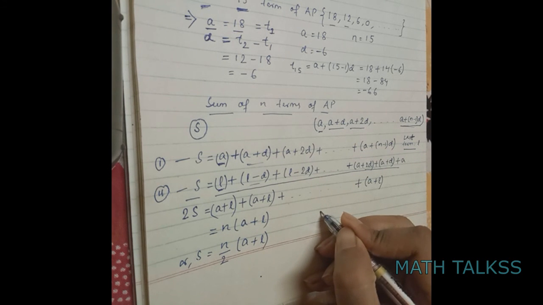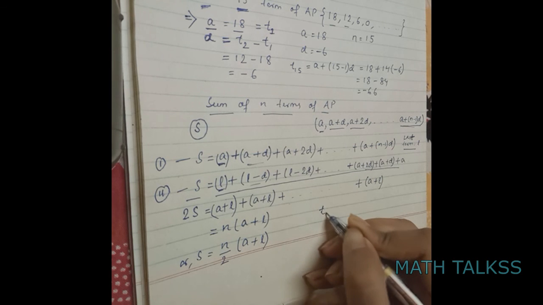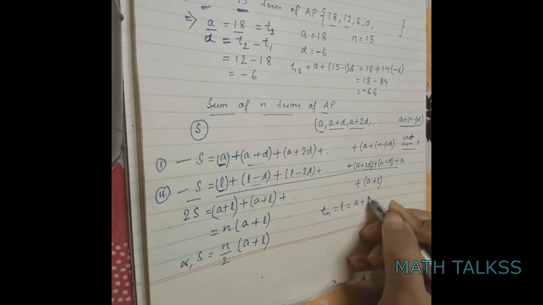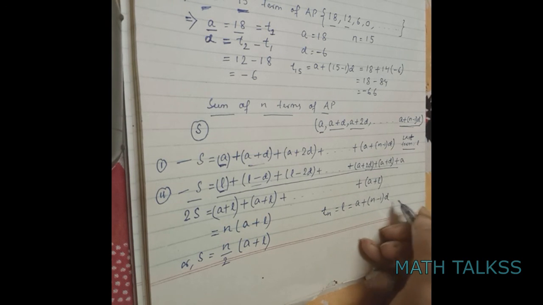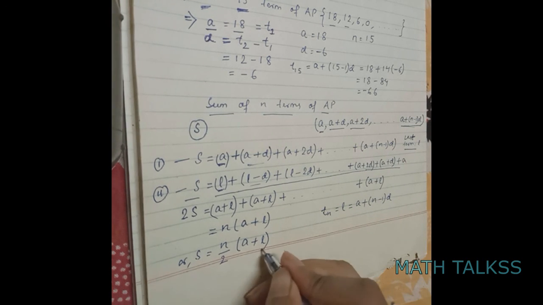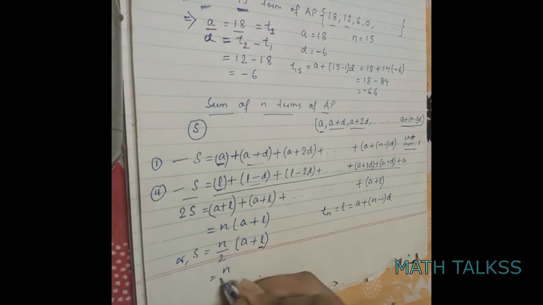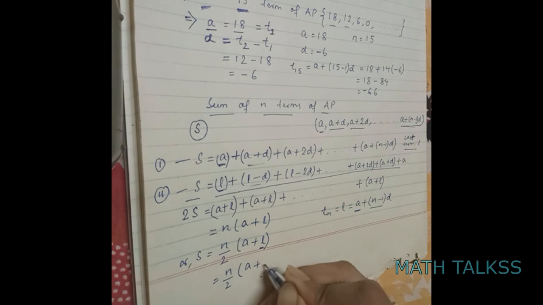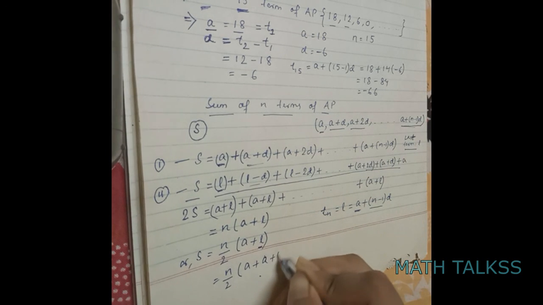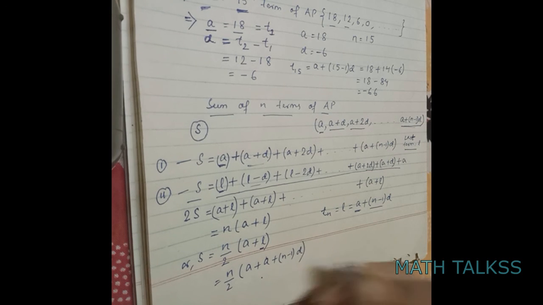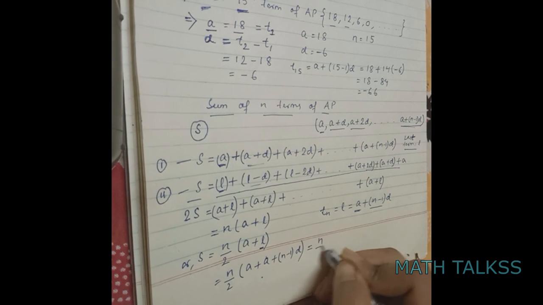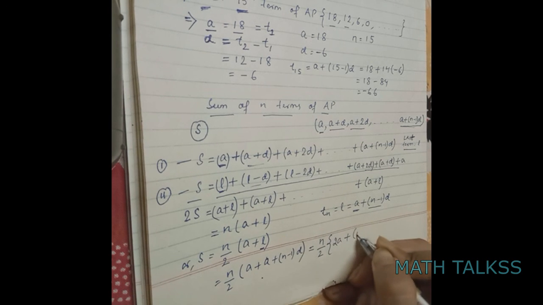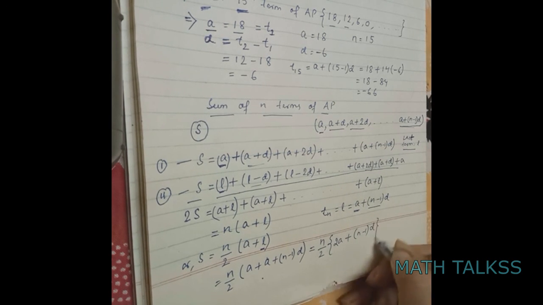The last term Tn is equal to L, which by formula is a plus n minus 1 multiplied by d. So I can replace L here, and write S as n by 2 multiplied by (2a plus (n minus 1) multiplied by d).